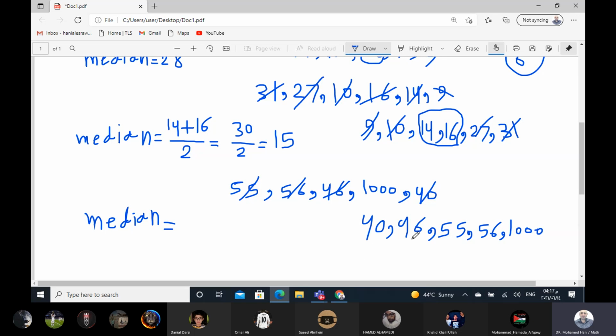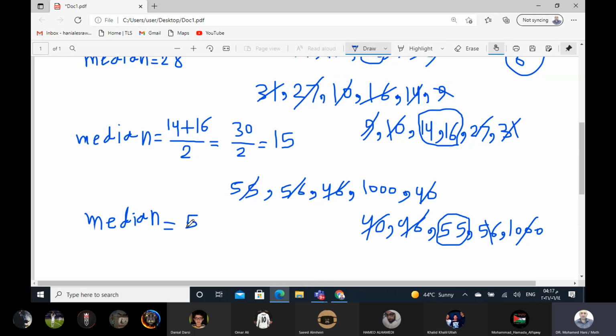Then count: 1, 2, 3, 4, 5. Five is an odd number, so take the value in the middle. How to get the value in the middle? Cancel the value from the first, the value from the last, the value from the first, the value from the last. You will get 55 in the middle. The value in the middle will be 55.